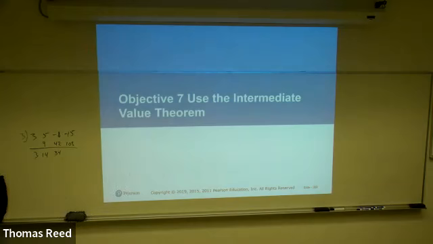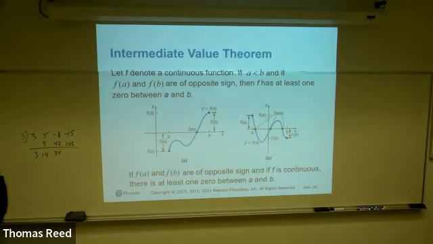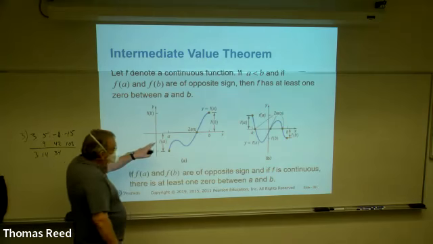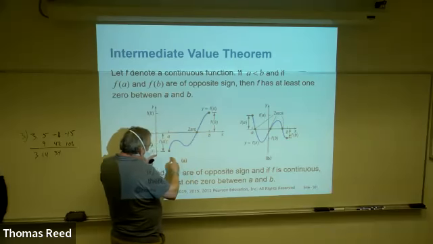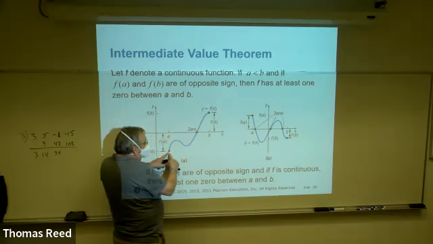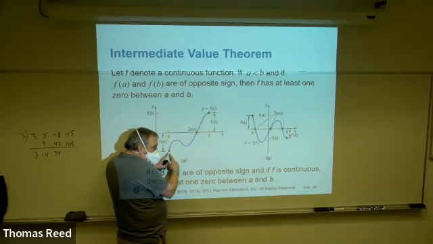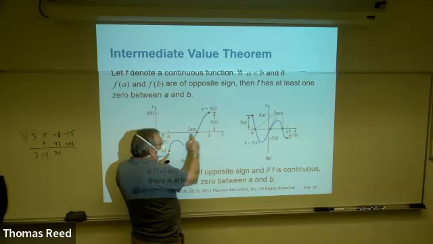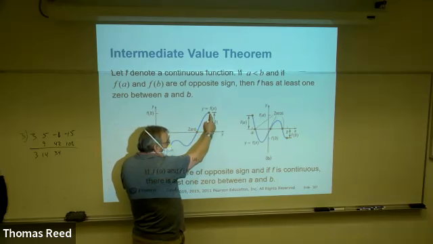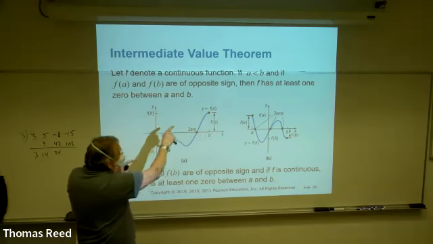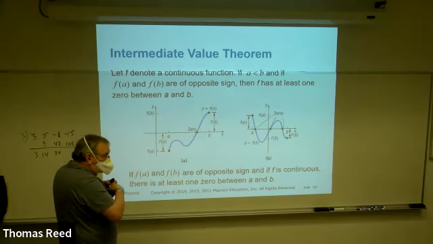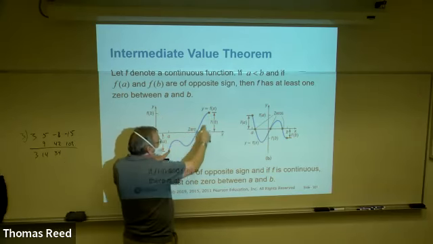All right, intermediate value theorem. Simply put, if A and B are real numbers where A is less than B, and if f of A has a different sign than f of B, then you have to have a 0 between A and B. Because this is for a polynomial function, since they're continuous, I have to connect these 2 points.